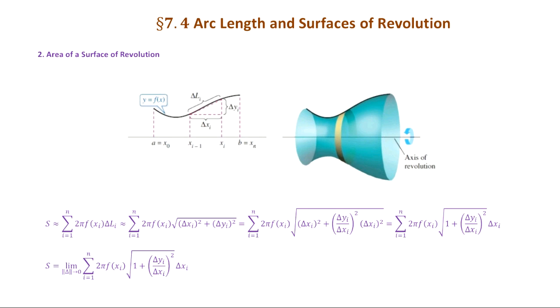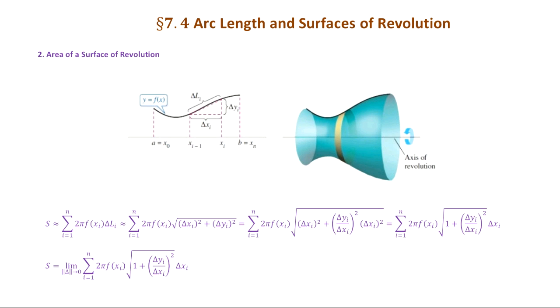Also, we use the same trick as before. You rewrite the second term of delta y squared as delta y over delta xi squared times delta xi squared, so that we can factor out delta xi. And then we got this limit of the sum of 2 pi f of xi times square root of 1 plus delta yi over delta xi squared times delta xi.